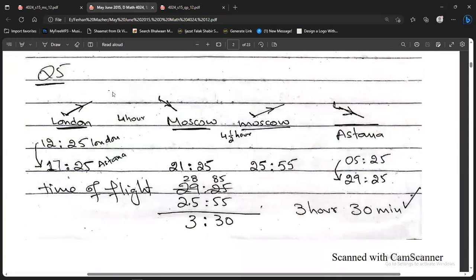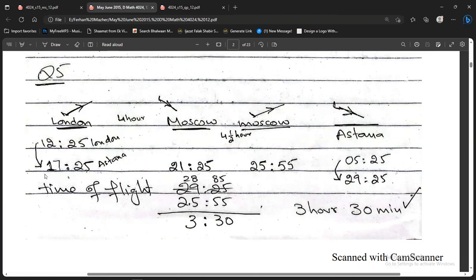So when the flight takes off from London, it is 12:25 in London. So what will be the time in Astana? Astana time is 5 hours ahead of London time. So when the flight takes off from London, the time in Astana will be 17:25.